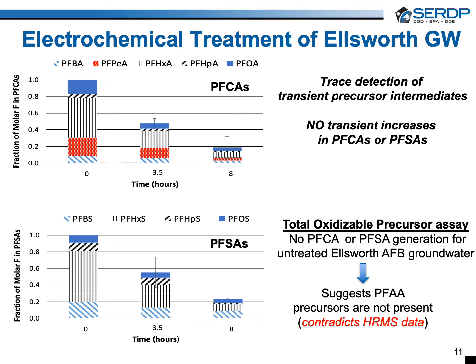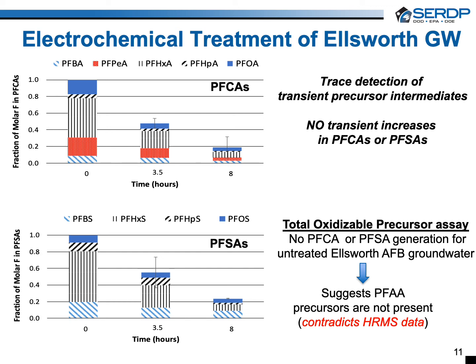Again, this is a little surprising given there was about 5 times the amount of these polyfluorinated compounds. Now, the compounds were slightly different. They weren't exactly the same, but they were similar enough that we thought we would see this. So we saw none, or very little, of these intermediates formed. We saw no perfluoroalkyl acids, despite the fact that there was so much more of these polyfluorinated compounds in this Ellsworth water.